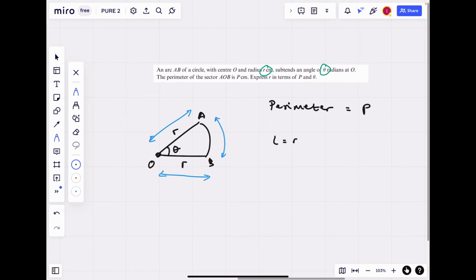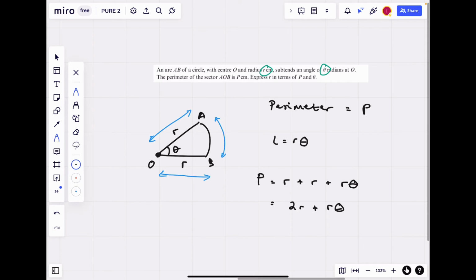L equals r theta. That's the equation for arc length. And your r is r and your theta is theta. So there you go, r theta. The perimeter is r plus r plus r theta. So 2r plus r theta.